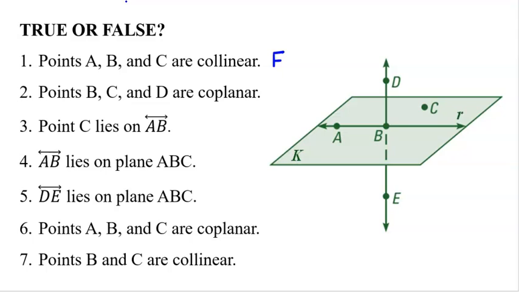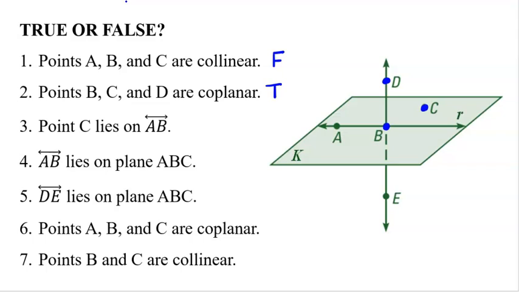For number 2, it says points B, C, and D are coplanar. B, C, and D. Now, it does not lay on this plane that they give us. However, these three are three non-collinear points. And so even though we don't see the plane being drawn in the diagram, that's going to be true.